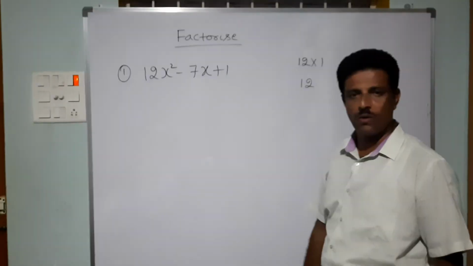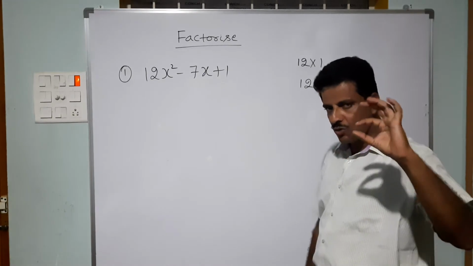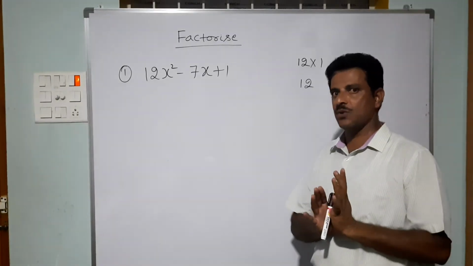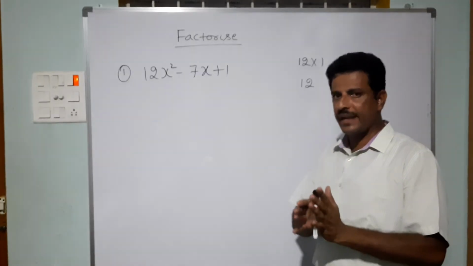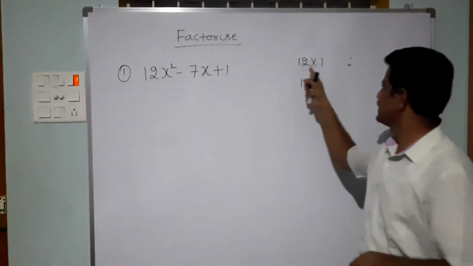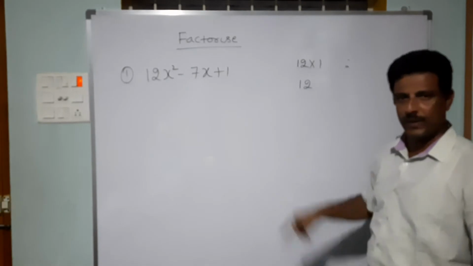Must and should. In some problems it is given 2, then 12 2s are 24. But in this problem it is given 1. You know rule number 1? Rule number 1, must and should, you take the coefficient of x square and the constant value. Multiply these two values. I have taken the x square coefficient 12 into the constant value 1, 12 ones are 12.